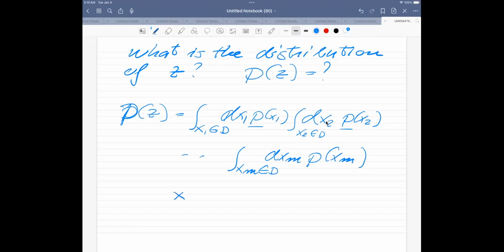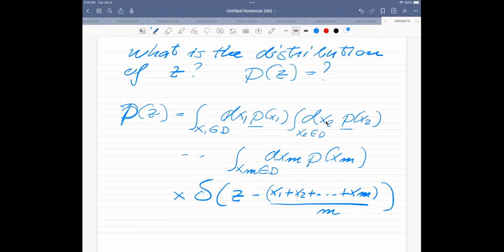But this is now multiplied with a constraint, which I'm putting in. So I have a constraint that this z should be equal to the sum of the mean values, so I have z minus x1 plus x2 and plus so on. So this is one way by which we can construct the final distribution.